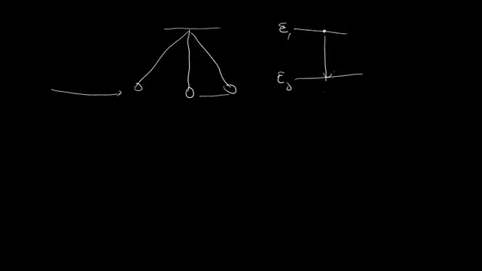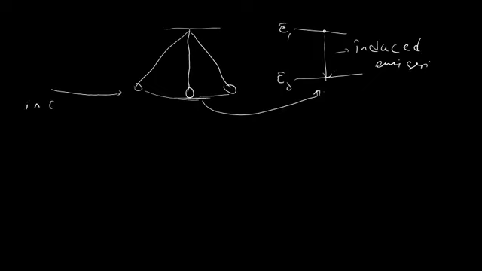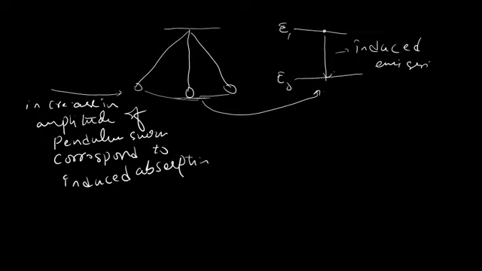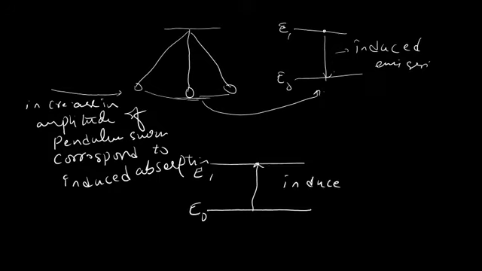So the reduction in the amplitude of the pendulum, in the simple harmonic oscillator, corresponds to induced emission, and the increase in the amplitude of the pendulum swing corresponds to induced absorption, because by absorbing the photon of energy h mu naught, the atom goes to its excited state. So this is induced absorption.